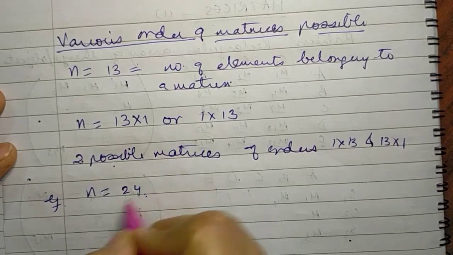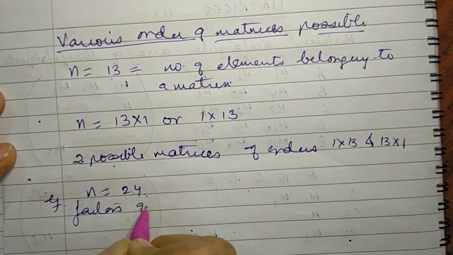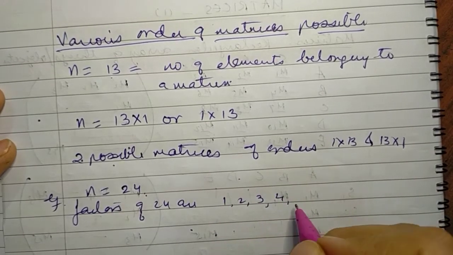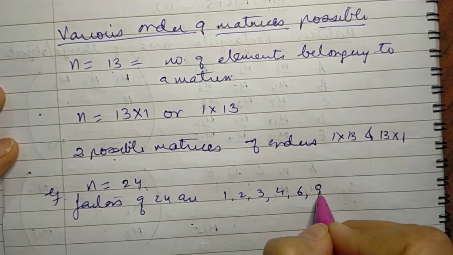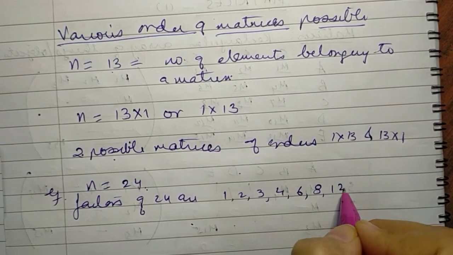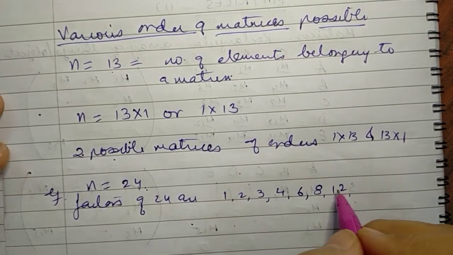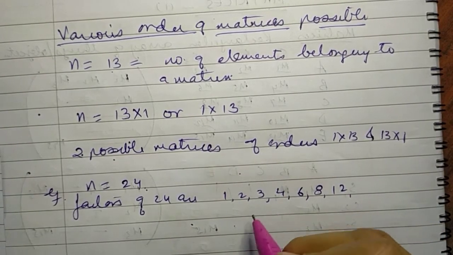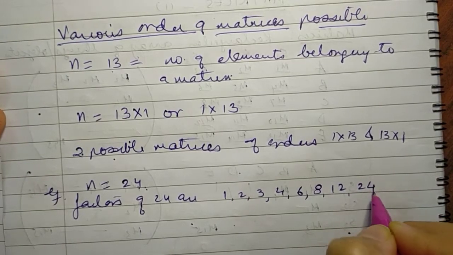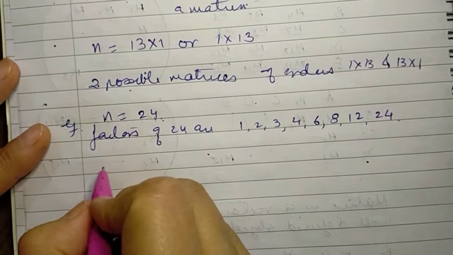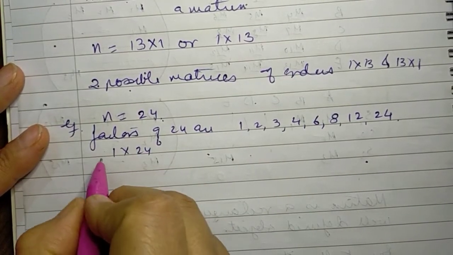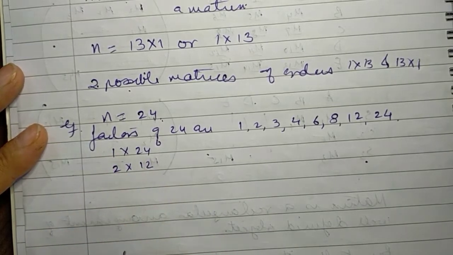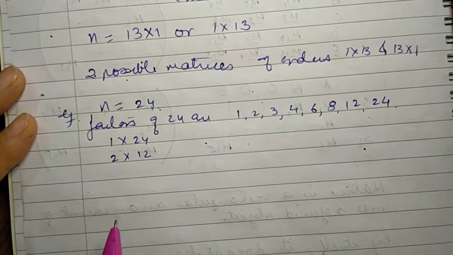The factors of 24 are 1, 2, 3, 4, then we have 6, then we have 8, then we have 12, and then 24. Okay, and we can write it as 1 into 24. We could write 24 as 2 into 12. So we try to maintain an order so that we don't miss out any particular entry.